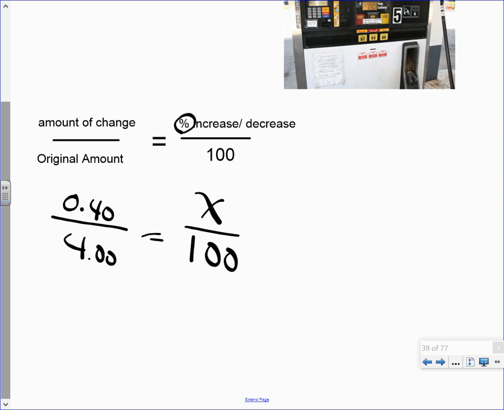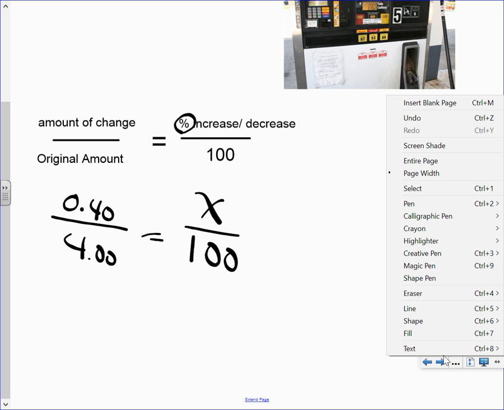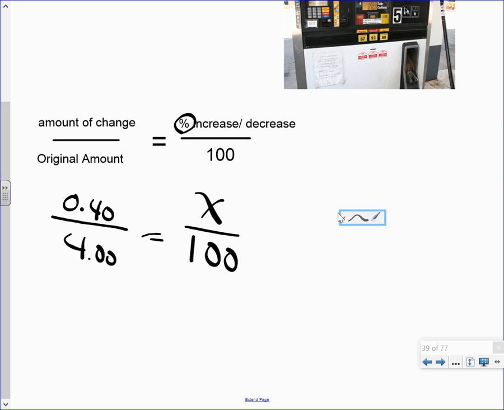Hit it. What's 4 times X? So it's 4.00x. Nice. $4 X. So 4x equals 0.4 times 100, which is going to be 40, huh? Oh, yeah. 40. You guys with me? 0.40 times 100 is 40.